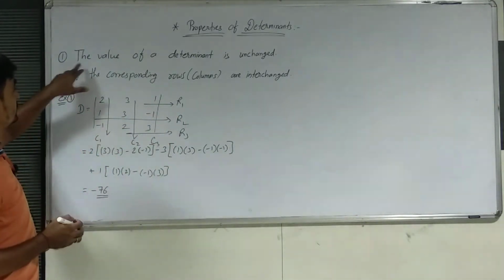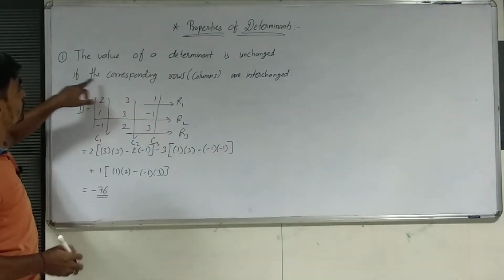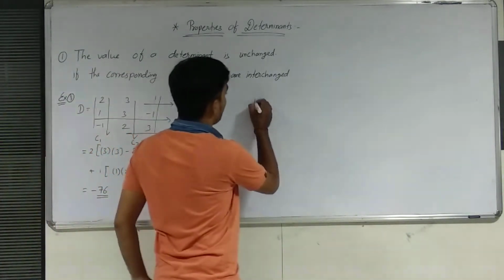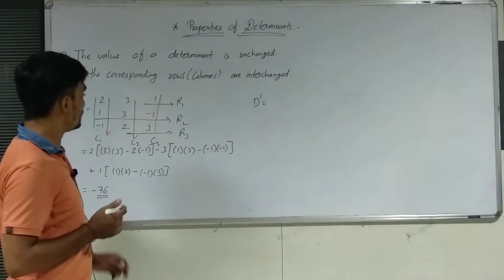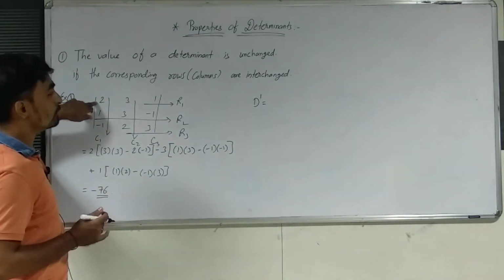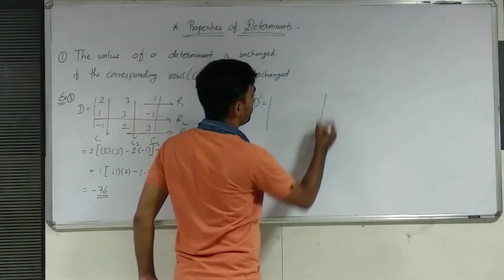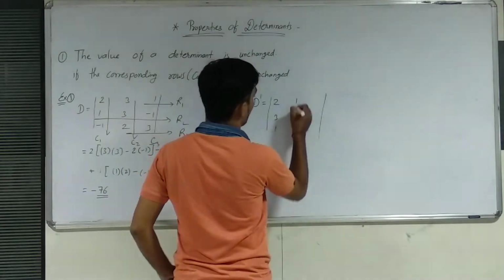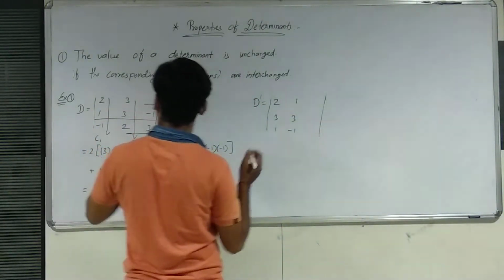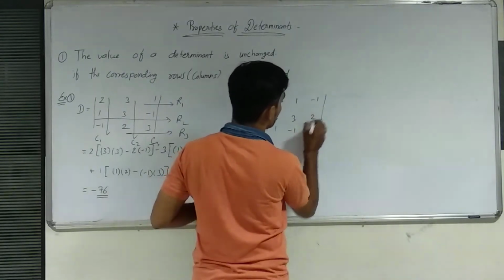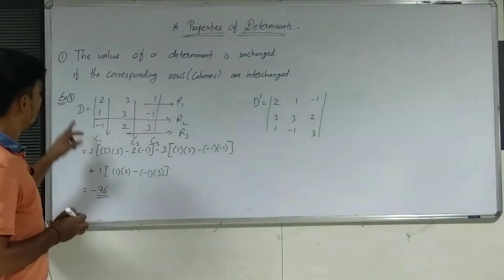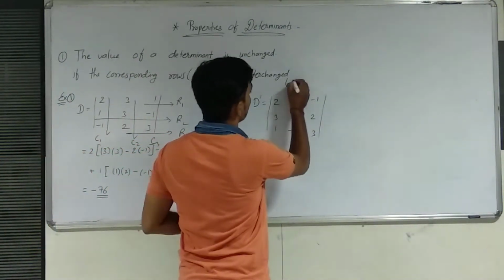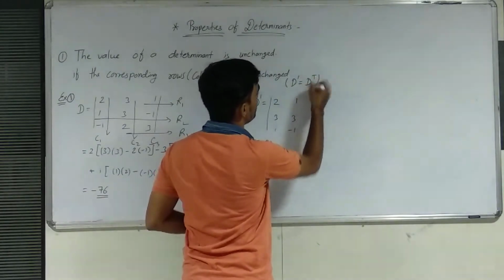So now I call the new determinant D dash. The first row is written as the first column: 2, 3, 1; 1, 3, minus 1; minus 1, 2, 3. So D dash is nothing but D transpose.